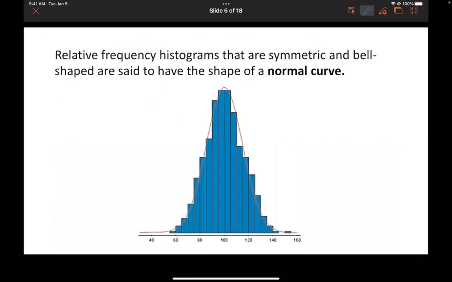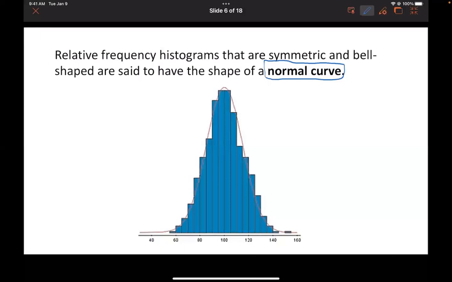Okay. So when we have a relative frequency histogram that is symmetric, we have this nice, pretty bell curve. This is also called a normal curve. If it's bell-shaped, it is considered normal. I think I've been calling it normal off and on, so it shouldn't be new information, but it's called a normal curve.